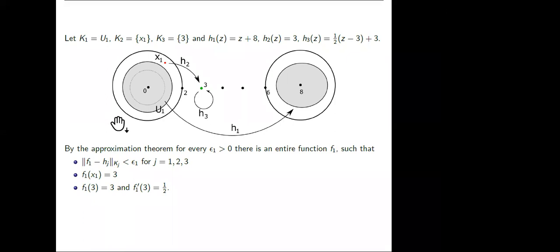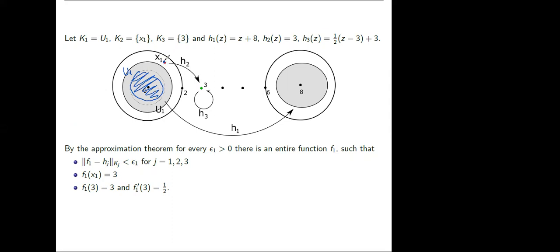So this is a first step, and then we start constructing the map. The proof will just use these pictures. How do you construct the first map? Let's say you take this U1. This gray circle is U1. The smaller one in here is the unit disk, right? Then you can prescribe what you want on certain compact sets.